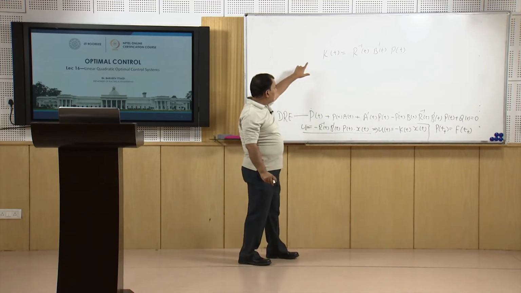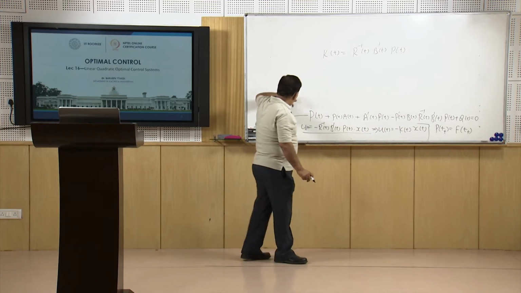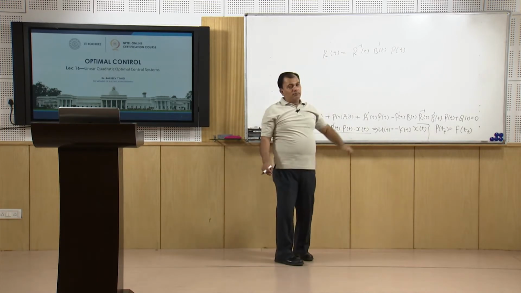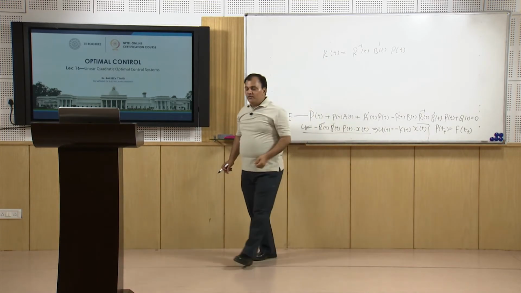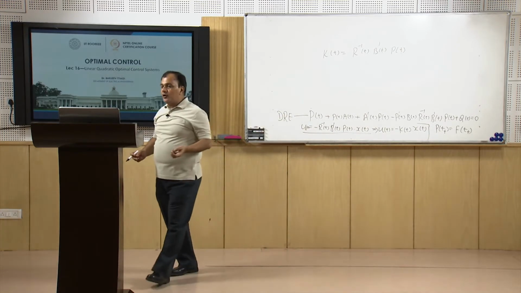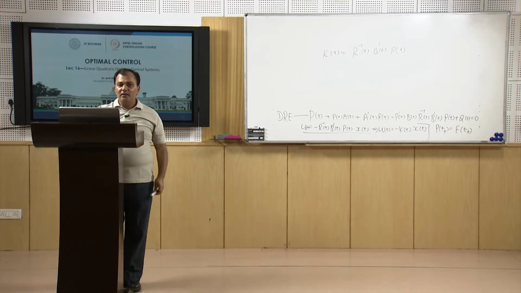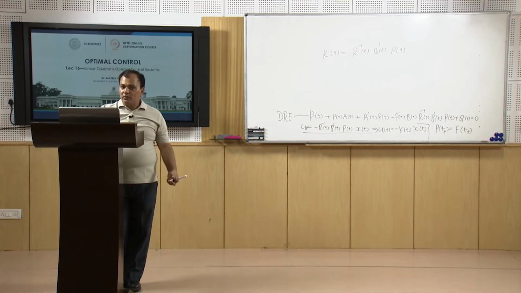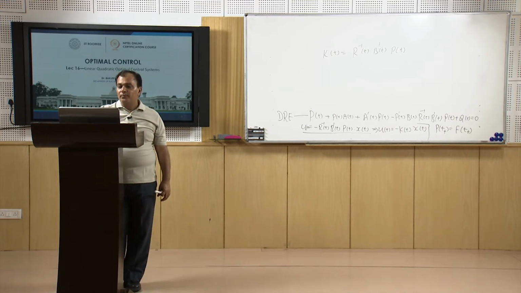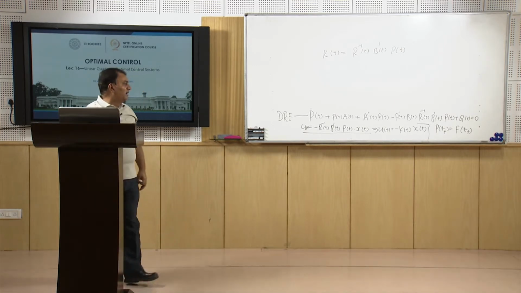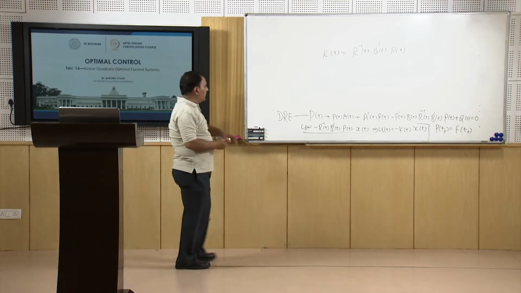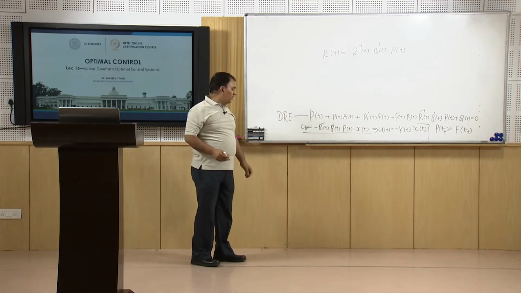The solution of this matrix DRE is a non-linear differential Riccati equation. So, a numerical technique can be adopted to solve this, and for a simple system we can directly have the solution of this Riccati equation.